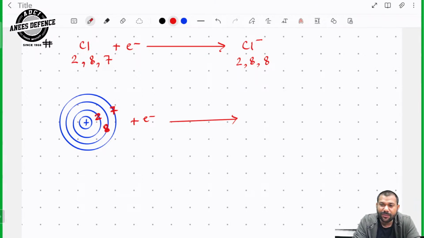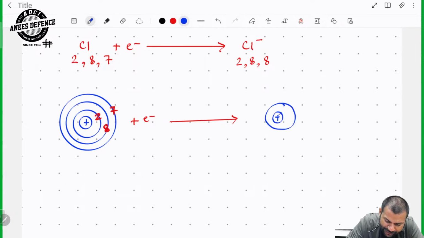So there will be less interaction between the 8 electrons and the nucleus, due to which there will be some increment in the size of the ion, right? Before gaining electrons, it is trying to hold 7 electrons, and now it has to hold on to 8 electrons. So it will be somewhat difficult for the nucleus, and that's why there will be some increment in the atomic size of the chloride ion.